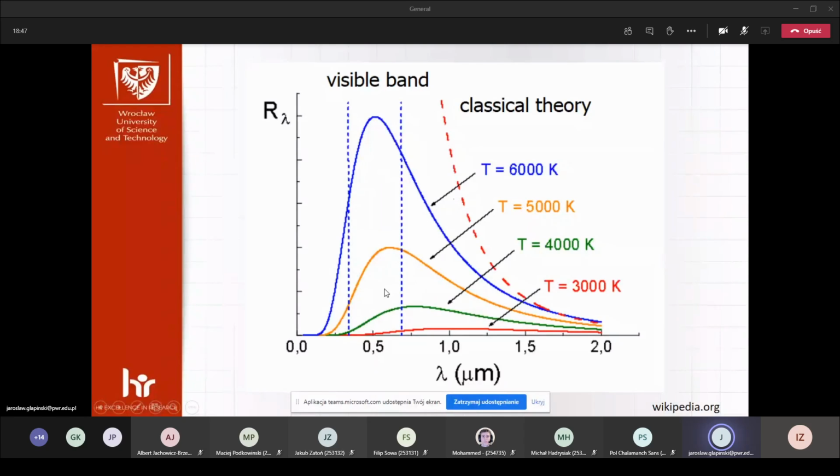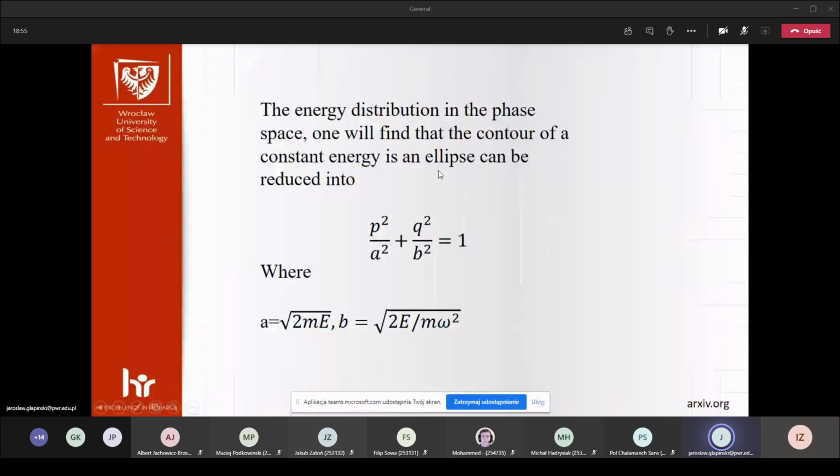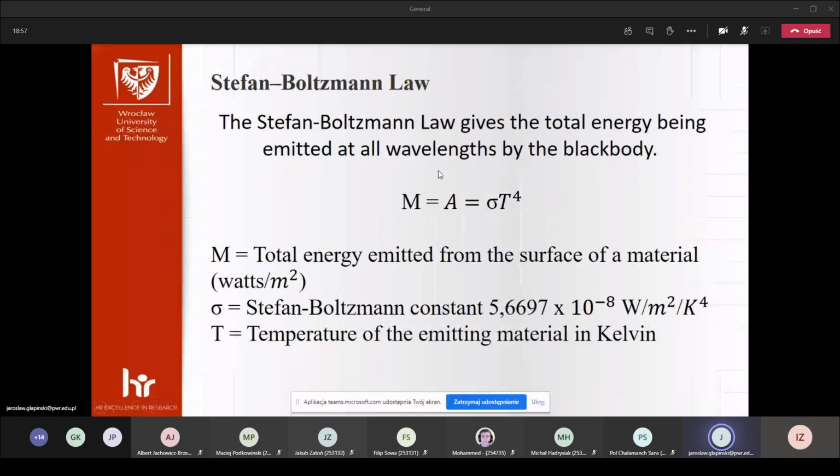So we've got shorter waves in the black body. Okay, so that was the Stefan-Boltzmann theory, but it doesn't explain everything.